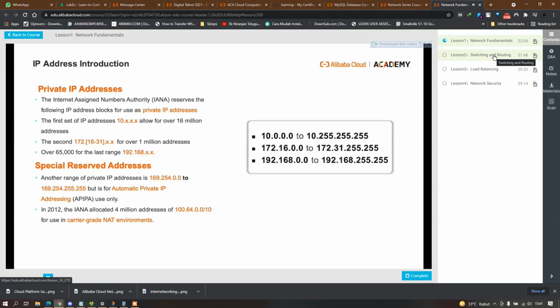For example, sometimes your machine or server is doing DHCP but cannot acquire an IP address, and then an IP address in this segment will be assigned to your computer. And the next one is the 100.64 segment. This segment is used for carrier-grade NAT environments. This segment was reserved in recent years, in 2012.